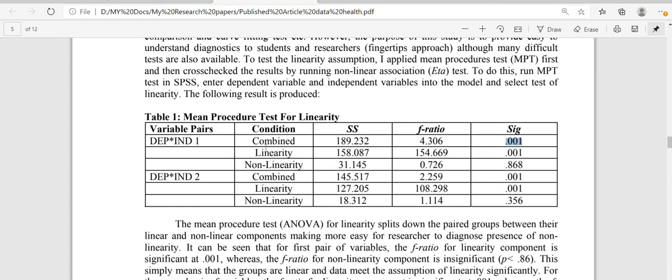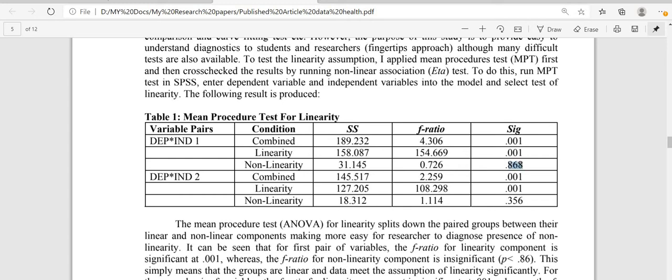Now this combined effect has been broken into two components, linearity and non-linearity. For the linearity component, you can see the sum of squares, the F ratio, and it is significant at 0.001. And for the non-linearity component, it's sum of squares, F ratio, and it's insignificant at 0.868.